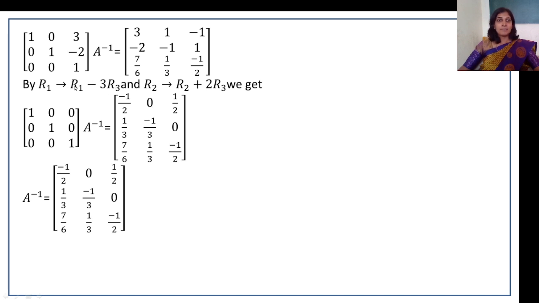Now here is minus 1 minus 1 minus minus plus 3 by 2. So minus 1 and plus 3 by 2, that is 1 by 2. Then here is R2. Similar way, in this way we find here R2, and R3 becomes as it is. This is the identity matrix, so we will get A inverse.